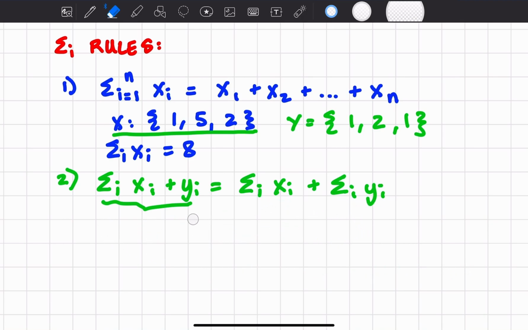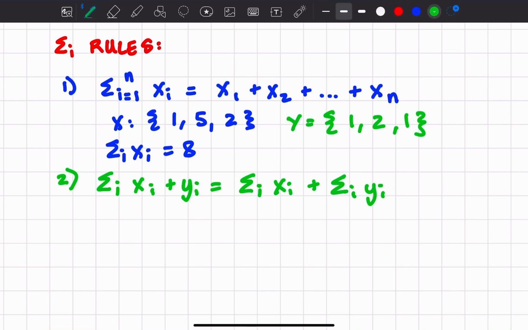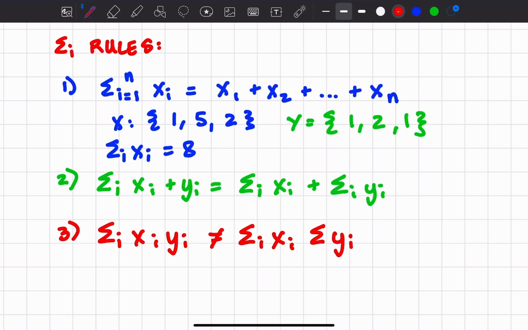One more rule. Okay, the third rule is that the sum of xi times yi will not generally be equal to the sum of xi times the sum of yi, right?